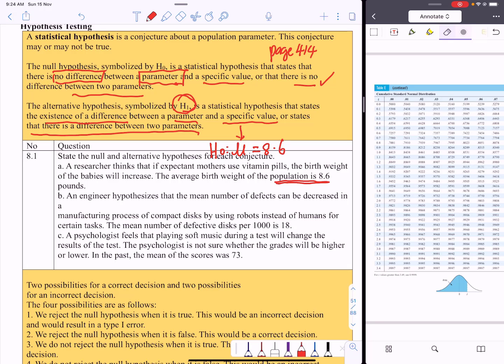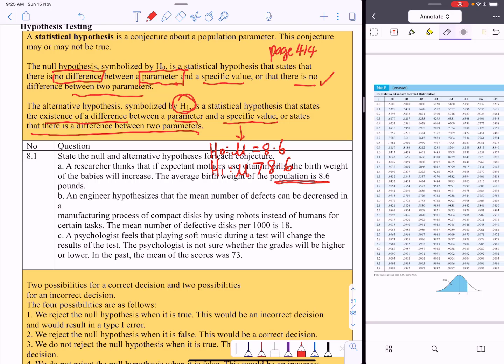Now they tell us it increases after taking the pill. That means the alternative hypothesis H1 is that the mean is greater than 8.6. That is how we write the hypothesis.